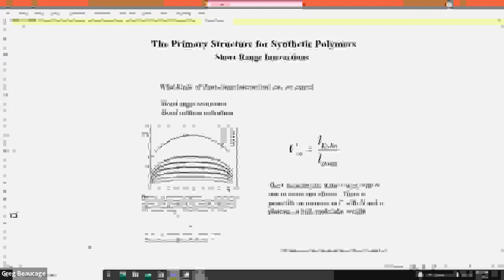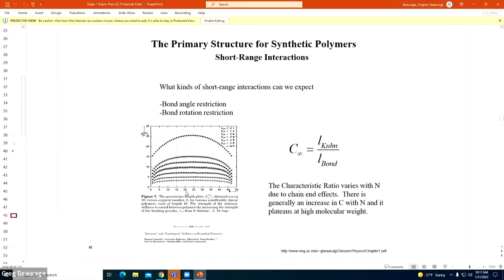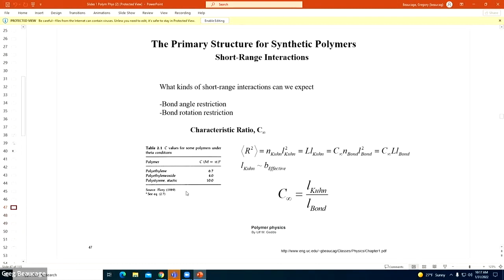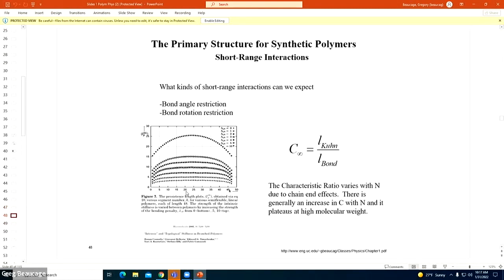This lambda here is the bending penalty, which is, where's the equation for that? Basically the persistence length is L naught times 1 plus something over this bending penalty. For the K unit, this bending penalty number, they can just tune it to change the stiffness of the chain. So the larger that is, the stiffer the chain.